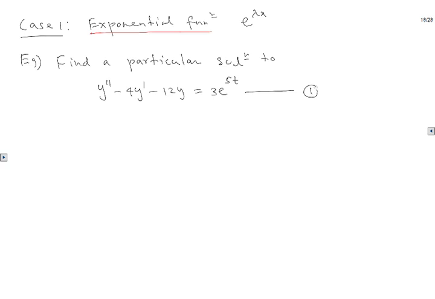So let's do that. We're going to assume a solution of the form yp equals a e to the 5t. You put the exact same exponent here, a e to the 5t. We don't know a. So we assume that is a solution to the non-homogeneous equation.